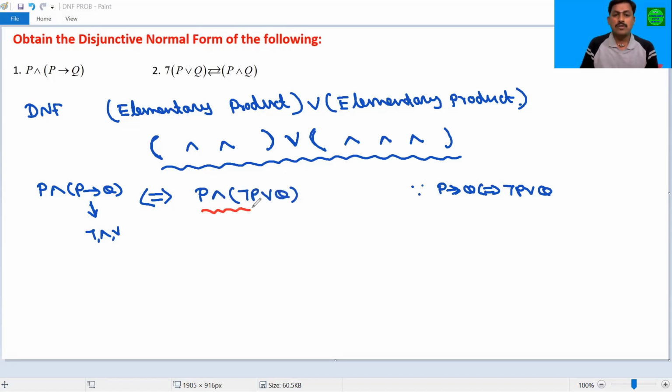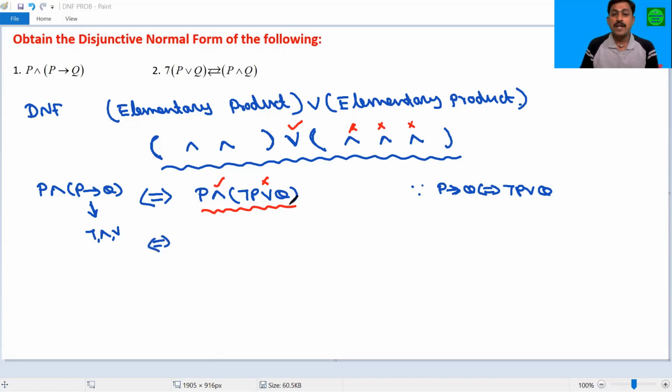If you observe this term, in between the terms we have a conjunction, and inside the brackets we have the disjunction. But we need disjunction in between the brackets and conjunction inside the brackets. Therefore, it is not a disjunctive normal form. Still, we have to solve the problem.